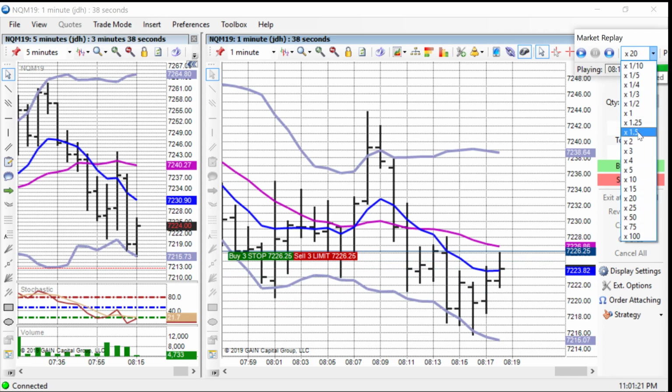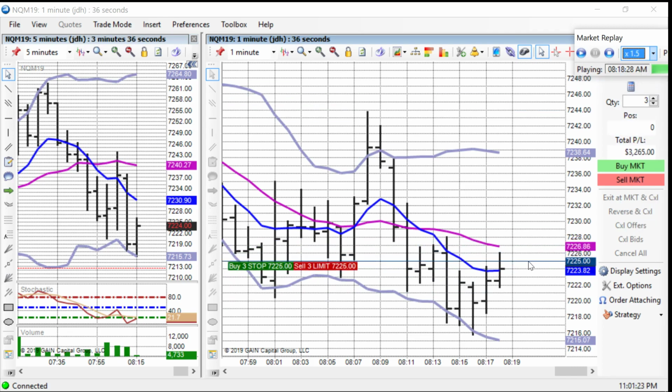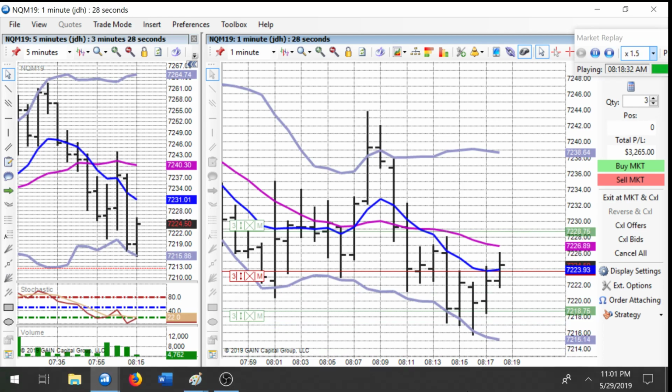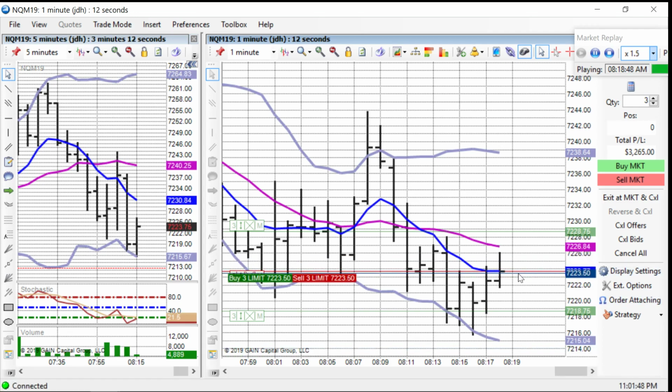So let's try to be really accurate on a short trade right back through that ADMA line. Sometimes this market replay doesn't enter it.